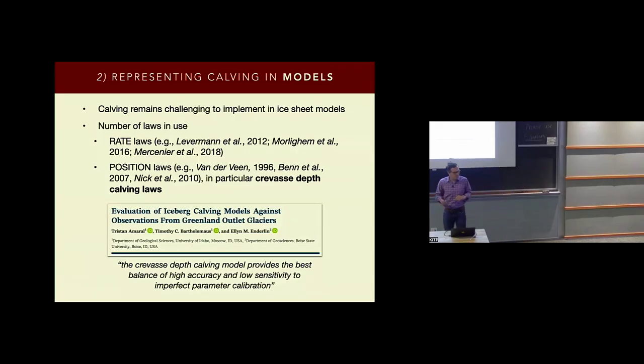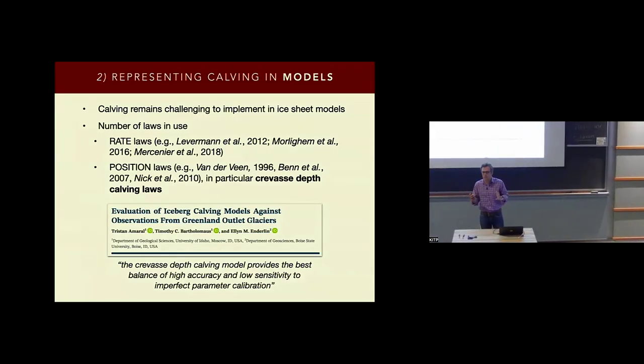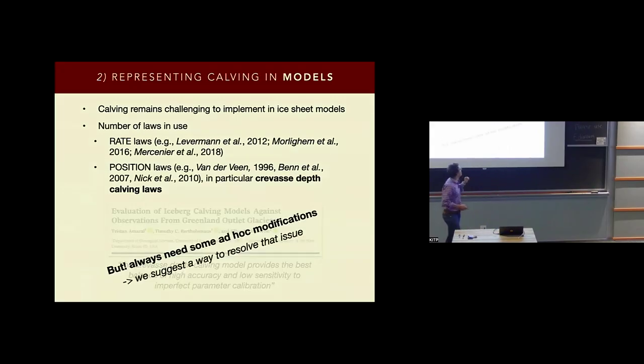I don't know whether everyone would agree with this, but it's a prominent way of representing carving in ice sheet models. The problem with these to date is mostly that you need some ad hoc modifications, and I'll tell you exactly what that is in a second, and I'm going to suggest a way to resolve this issue.